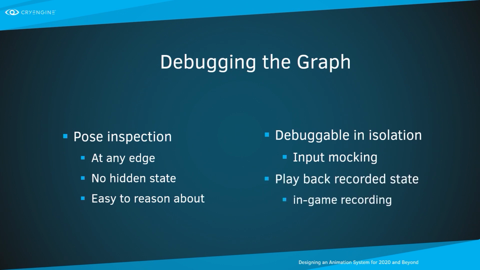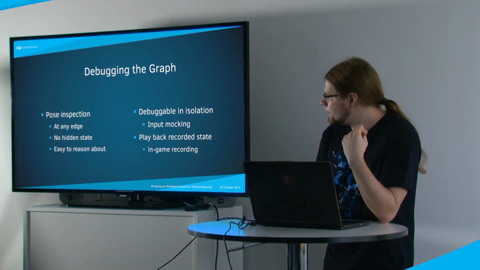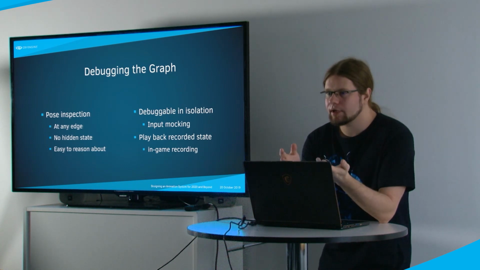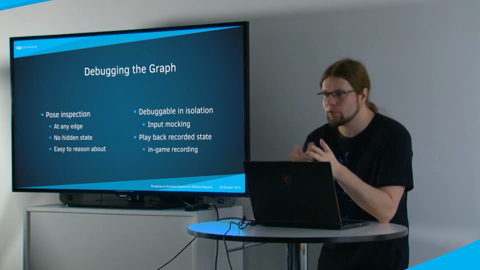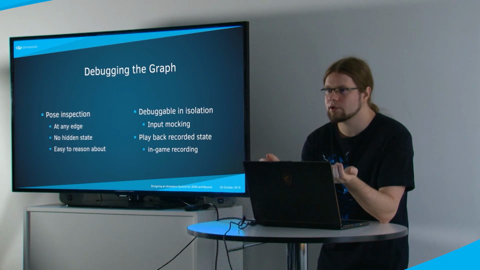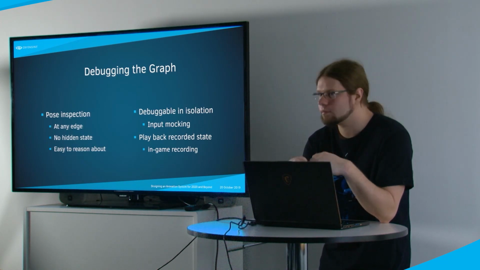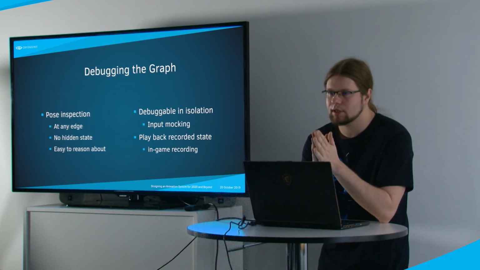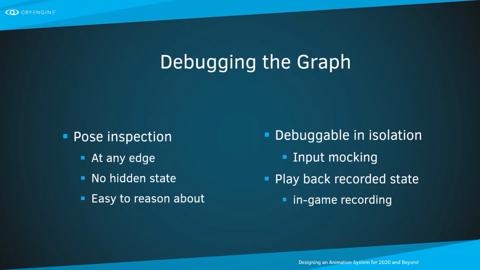And finally, this is something that's already been mentioned, but we really want to provide a way to play back state recorded in the game. So let's say you're running a game and you realize your character's animation glitches. At this point, you should be able to dump the last few seconds of its animation, then load it back in the editor, replay it, inspect it and see where it actually came from.